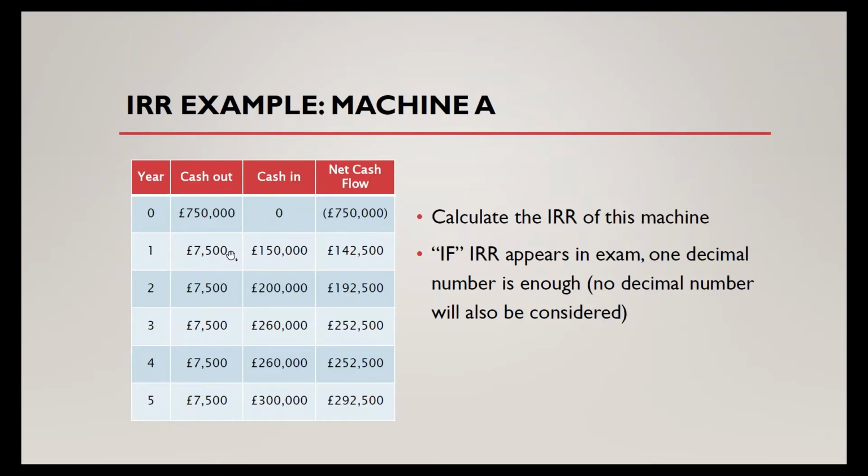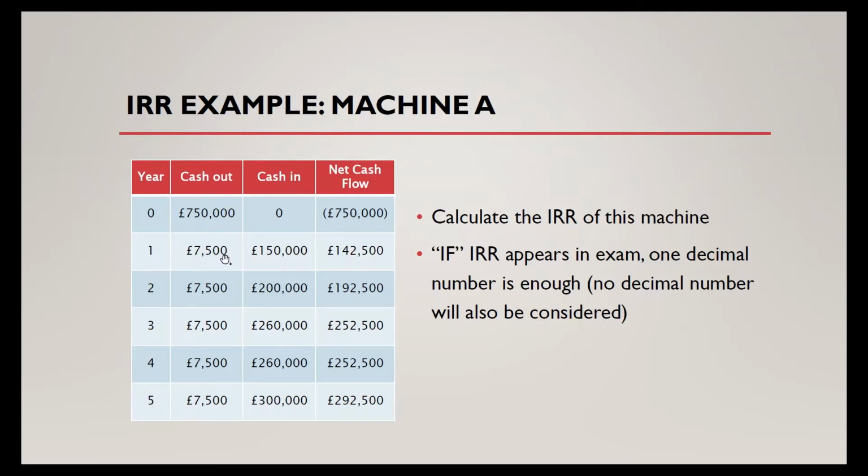For the cash outflow, assuming every year we plan to spend $7,500 on Facebook advertisements to generate revenues. Following this strategy, we'll be able to generate a revenue of around $150,000 and up to $300,000 in year 5.